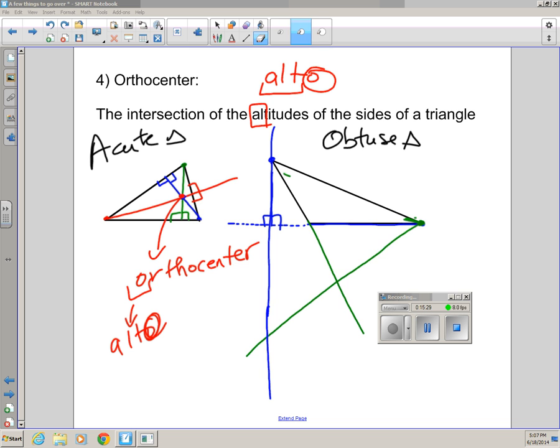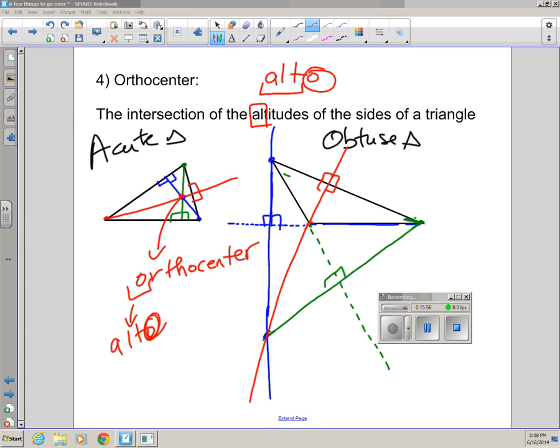So let me redo that, because I feel like I'm probably confusing people. First thing I'm going to do is extend this side. Then I'm going to draw my altitude, and they're going to intersect down here. And then the third altitude is one we can actually easily draw. From here, I can go perpendicular to the opposite side without extending. And then if you notice, if I extend this down, they'll hit. There's my orthocenter.